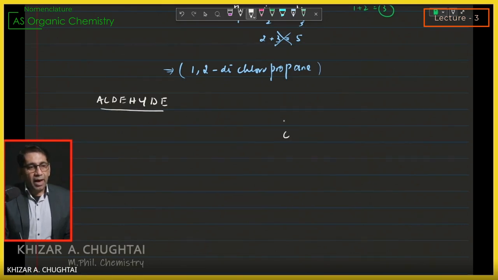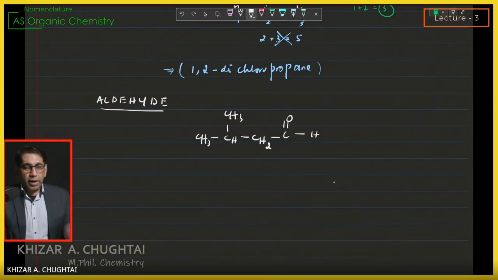For example, I'm having this one aldehyde molecule and CH3 over here, CH3 over here, CH, CH2, and so on. Again, the first step, the common step that is everywhere whenever you are going to write the name of any organic compound, you will select the longest chain first.